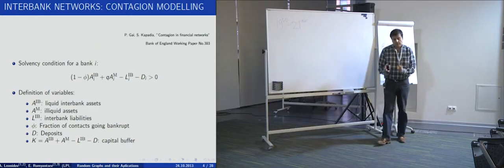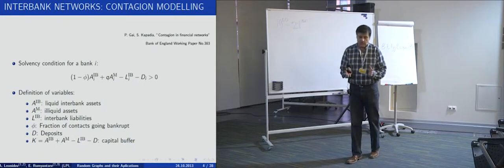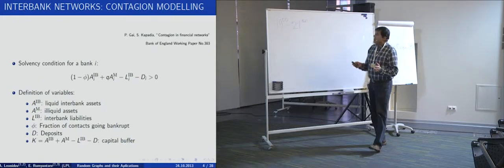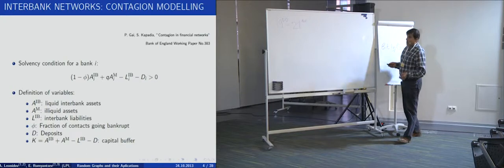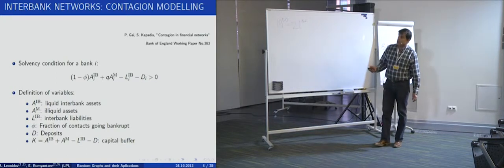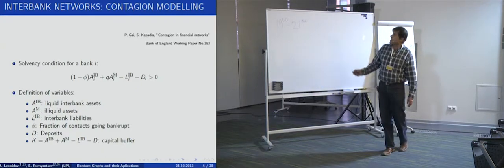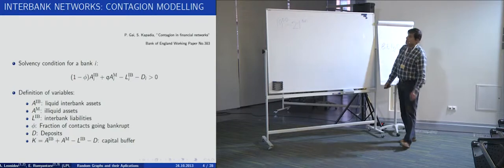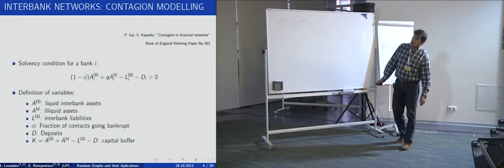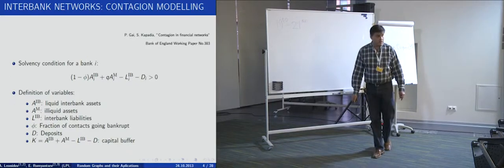It's something that is related to exact definitions of what comes into liabilities or assets. What is interesting here is this phi, which, in the language of Gai and Kapadia, who wrote the very influential paper on the subject, is the fraction of contracts going bankrupt.